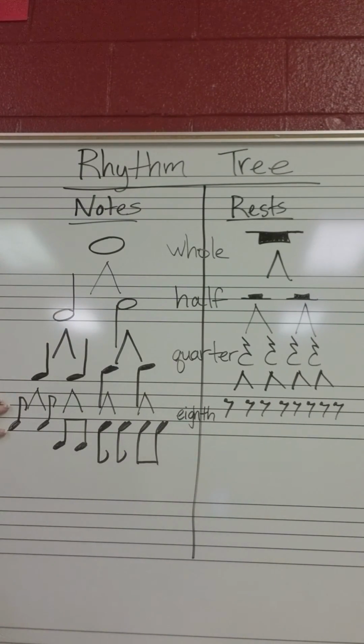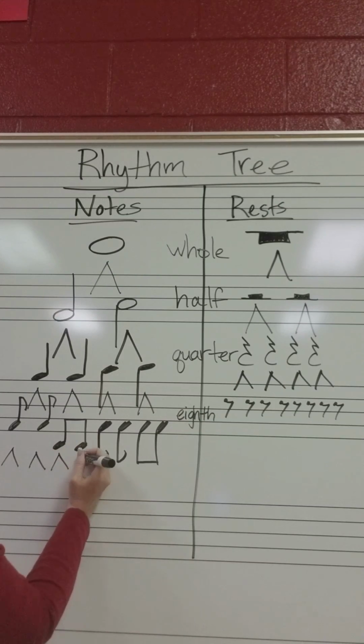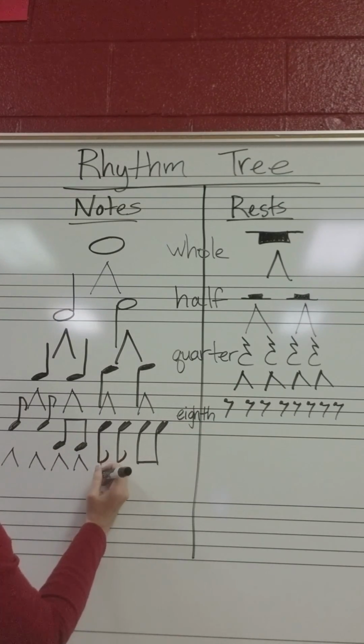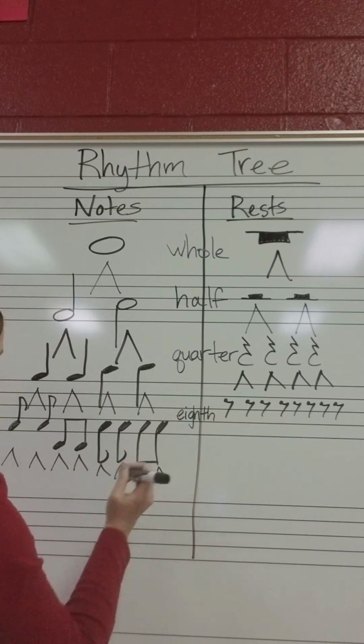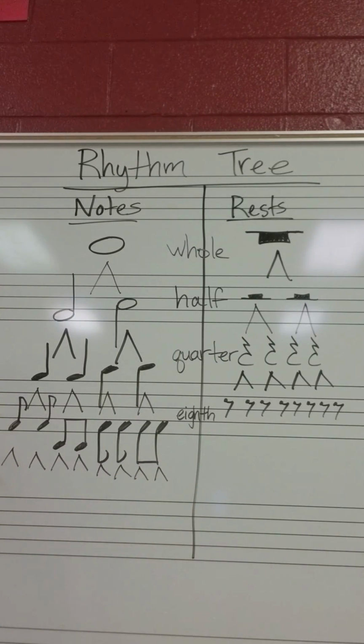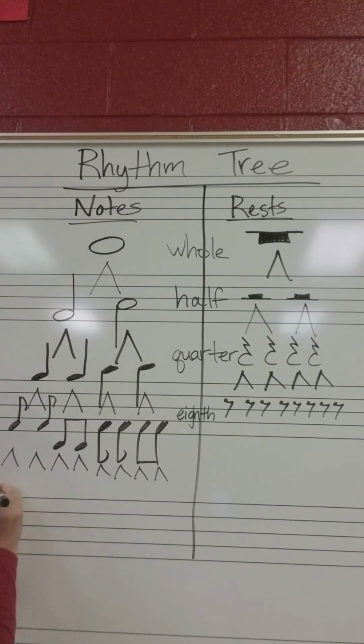We're going to take it one more step and go to 16ths. So for each one, and this is where it can get a little messy, we are going to do the exact same thing as we did with the singles, but we're going to add an extra flag or an extra beam.